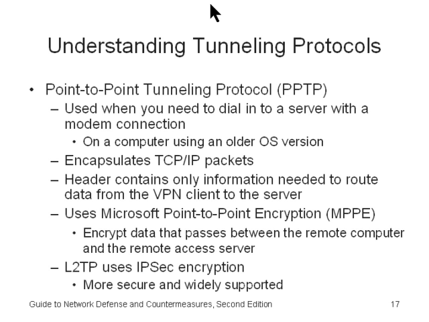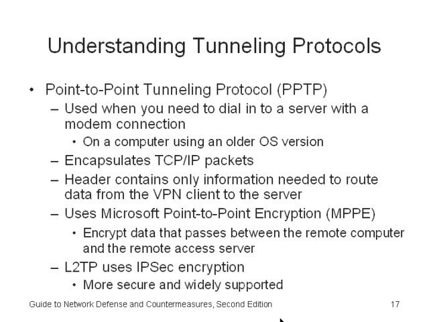Later on, Cisco got together with some other organizations, I believe IBM off the top of my head, and created a tunneling protocol called Layer 2 Tunneling Protocol, which uses the IPSec encryption standard, which is more secure and widely supported, and not really proprietary to Microsoft.